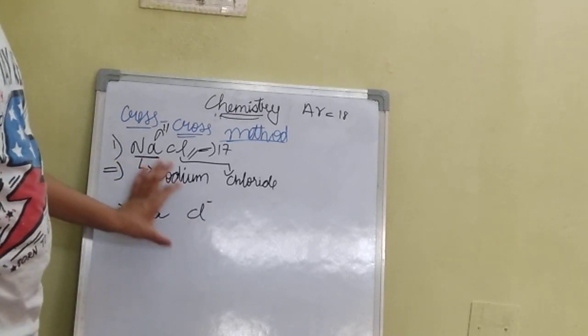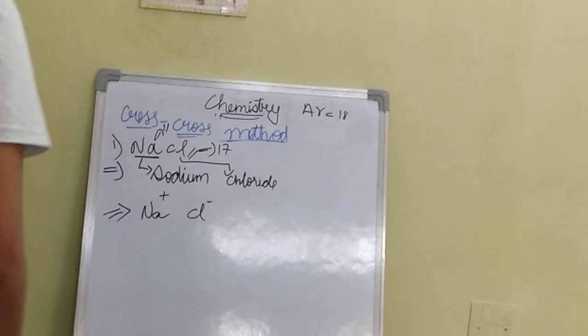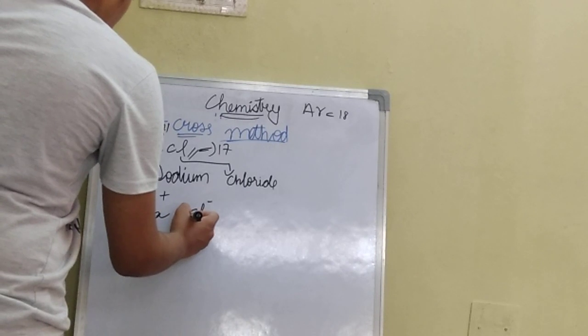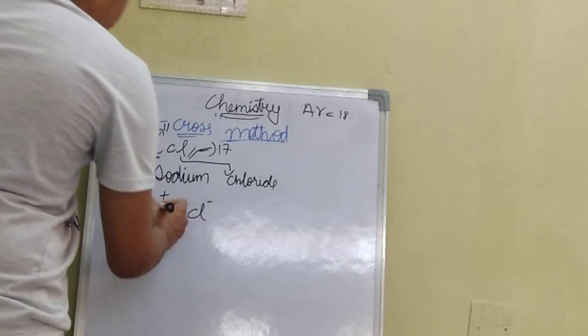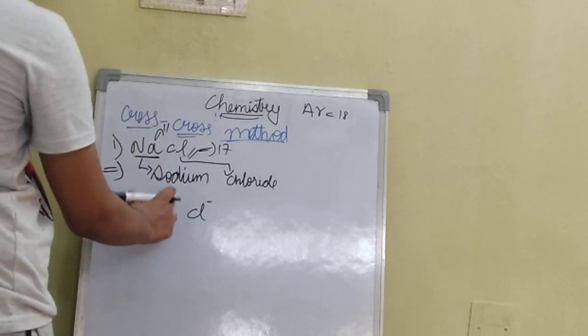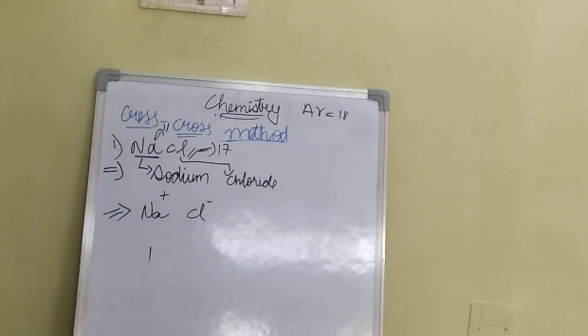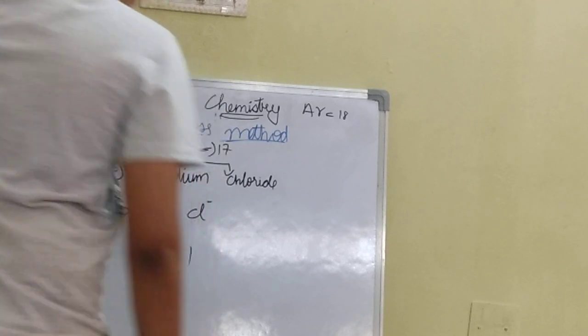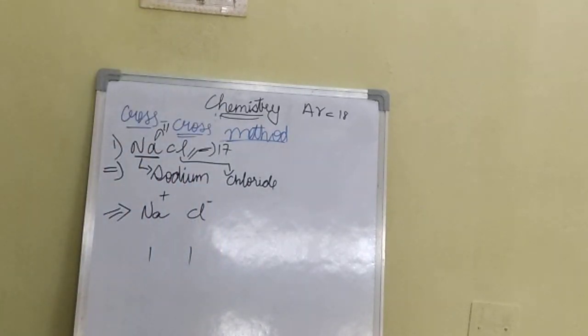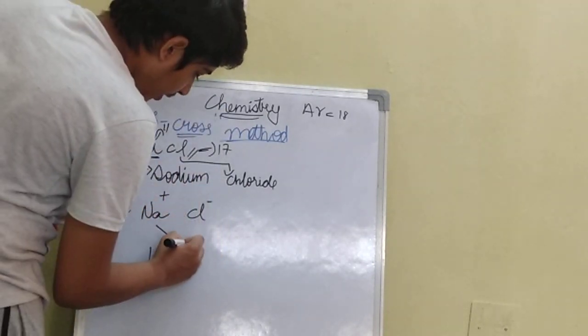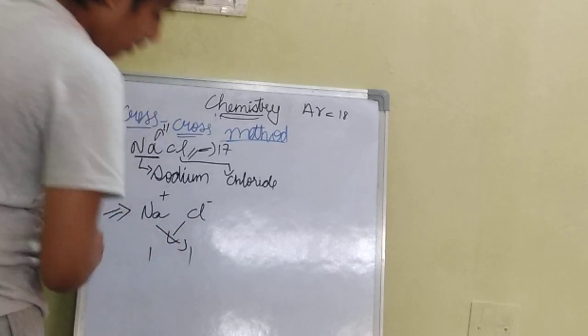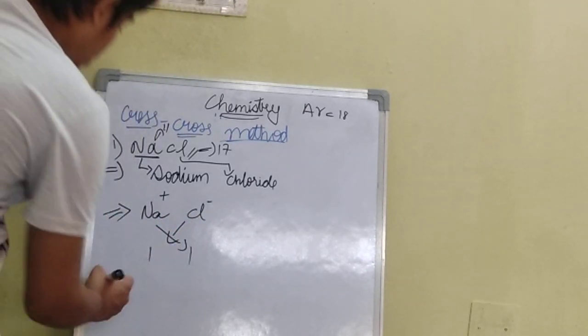So Na plus, Cl minus. Plus 1 is nothing but 1 only. Minus 1 is nothing but 1 only. Now the crisscross method: sodium into 1, chlorine into 1. Now what will be? Nothing but sodium chloride.